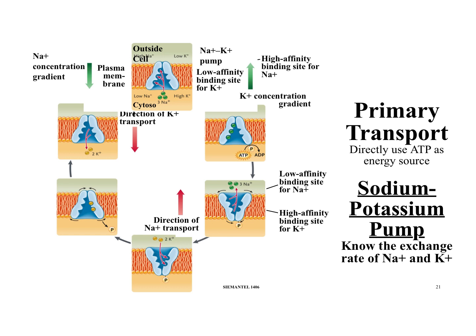So we call it a known exchange, and you need to know what that is. We move 3 sodium molecules out of the cell, and for every 3 sodium molecules we move out, we move 2 potassium molecules into the cell. So 3 out, 2 in, however you want to think about it.